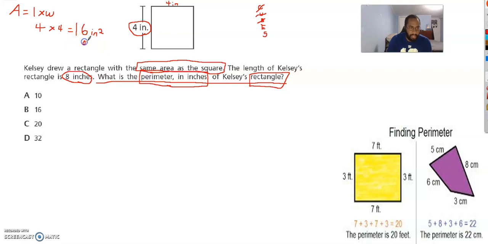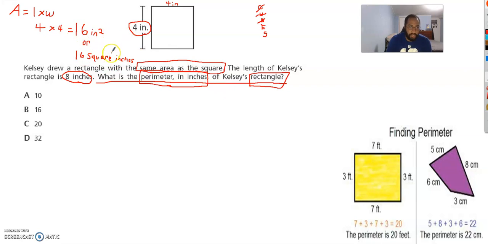Or you can write 16 square inches. So you can write it either way.